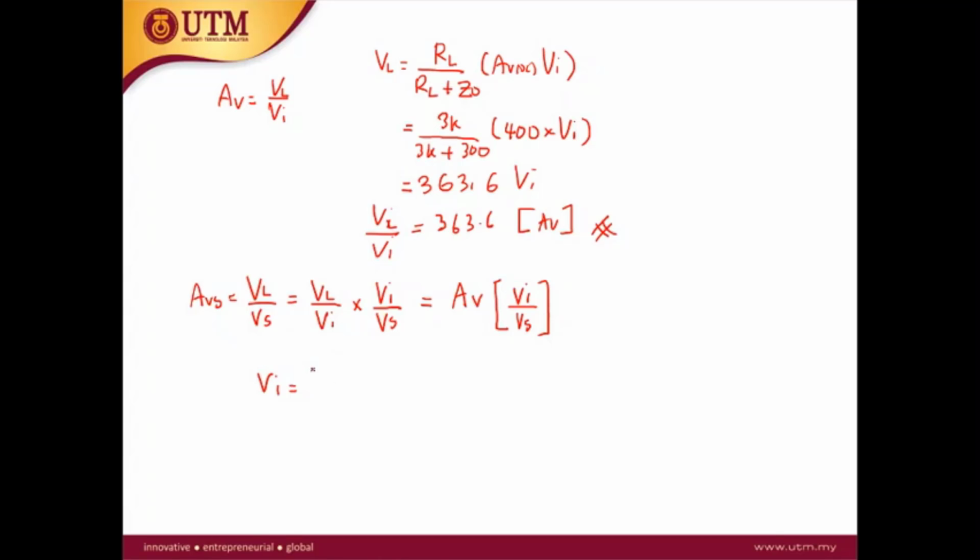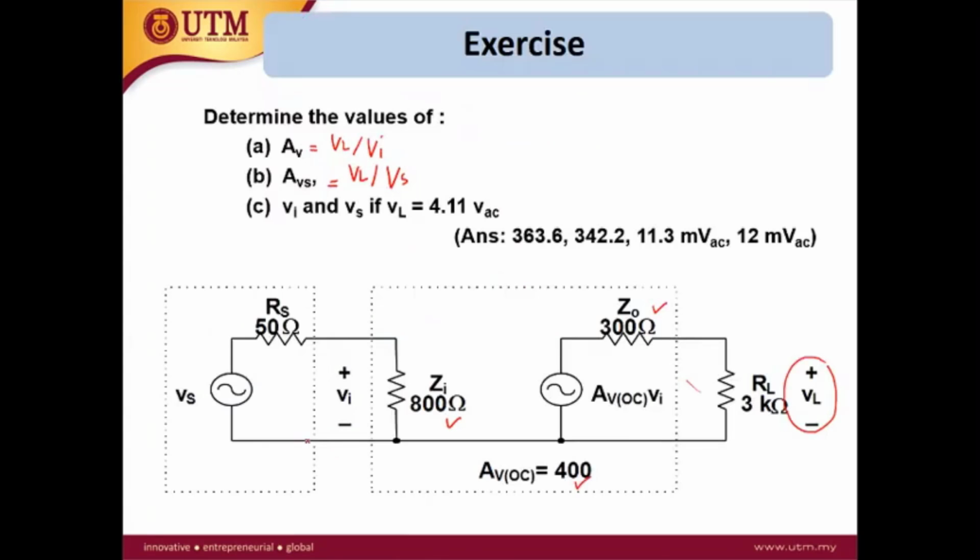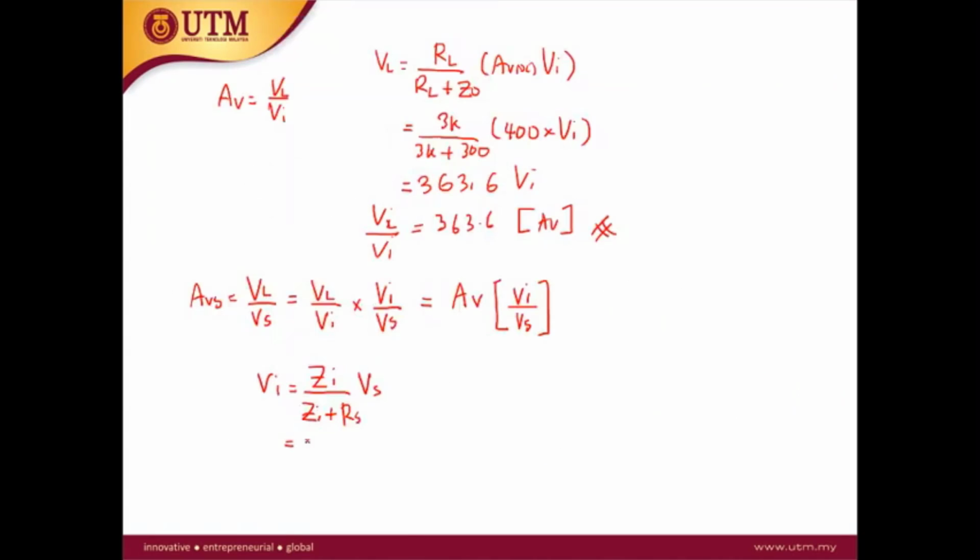At the input we have Zin over Zin plus the source resistance Rs, times Vs. Here Zin is 800 and Rs is 50 ohm, so you have 800 over 800 plus 50, times Vs. Now you get Vi over Vs equal to 800 over 850, which is 0.94.